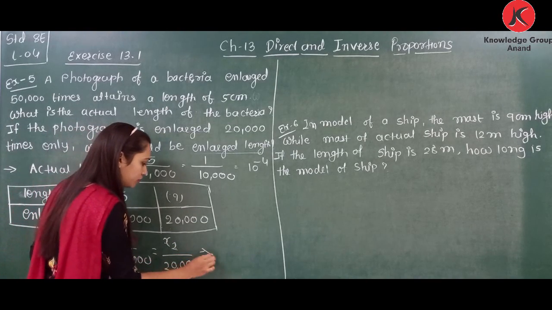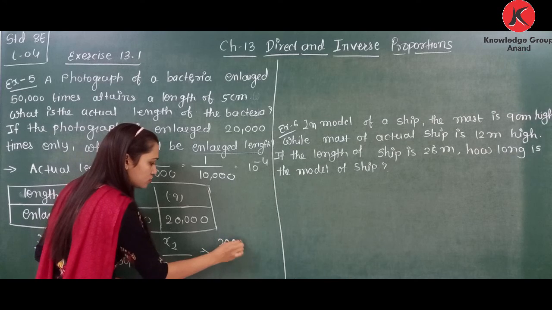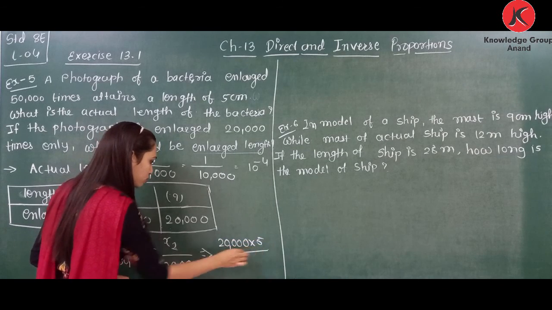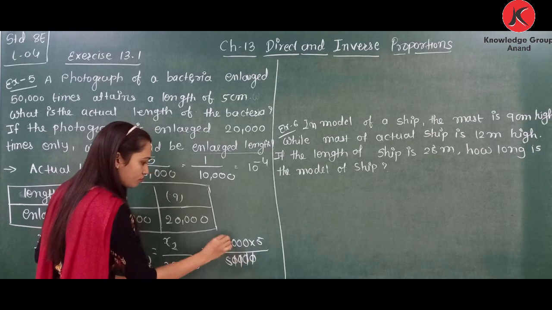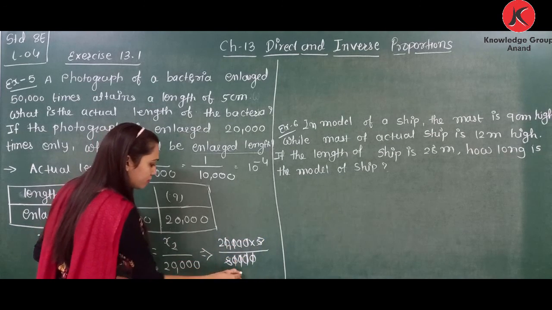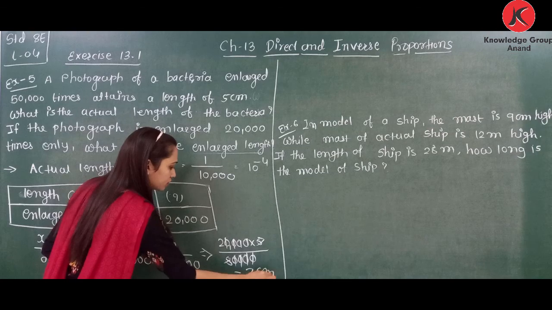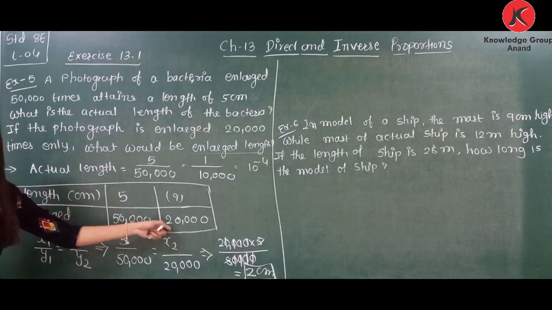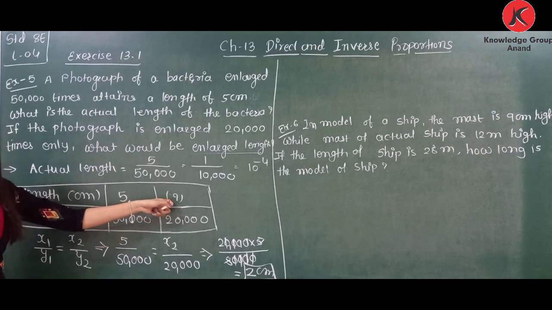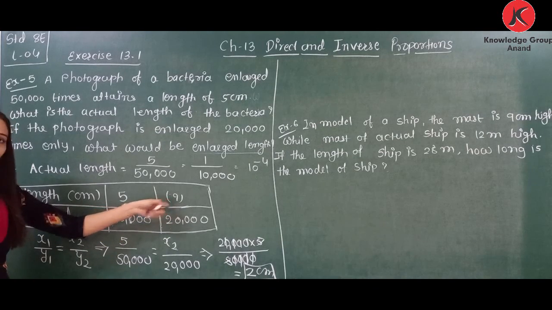So that will be 20,000 multiplied by 5 divided by 50,000. So that will be 2 centimeter. If we enlarge 20,000 times, then the length of the photograph will be 2 centimeter.